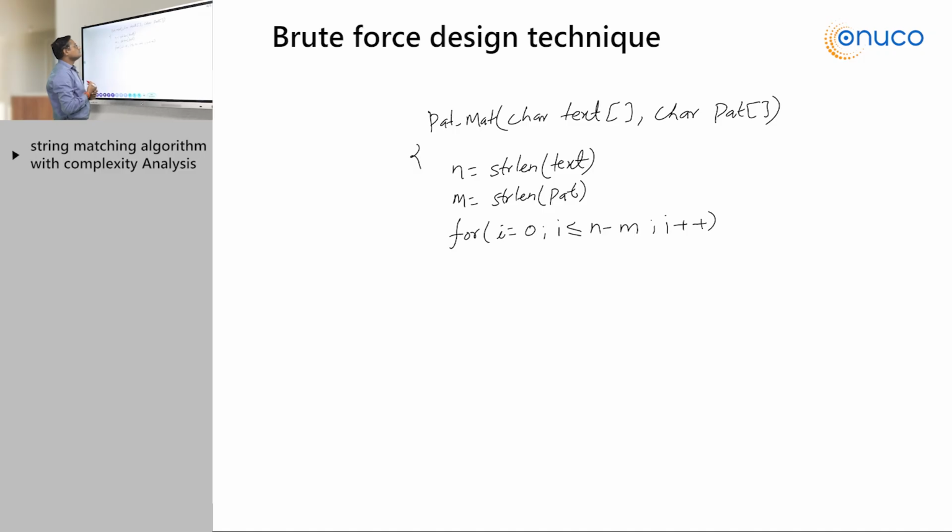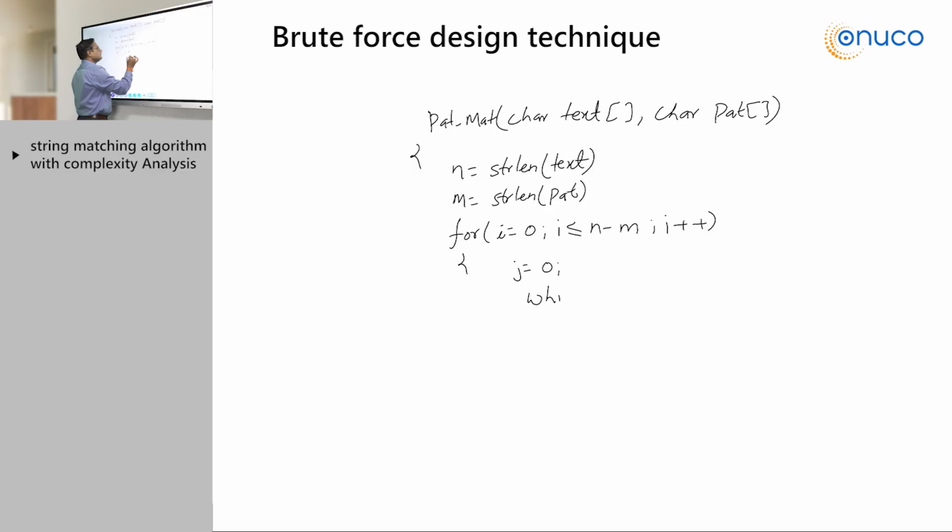N is length of text, m is length of pattern. So this I value will be maximum of n minus m. As I said, at last, if you have a lesser number of characters compared to the pattern, there is no meaning in going and comparing, because we will not get the pattern. Done. Under this, we are just initializing j is equal to 0, the starting value.